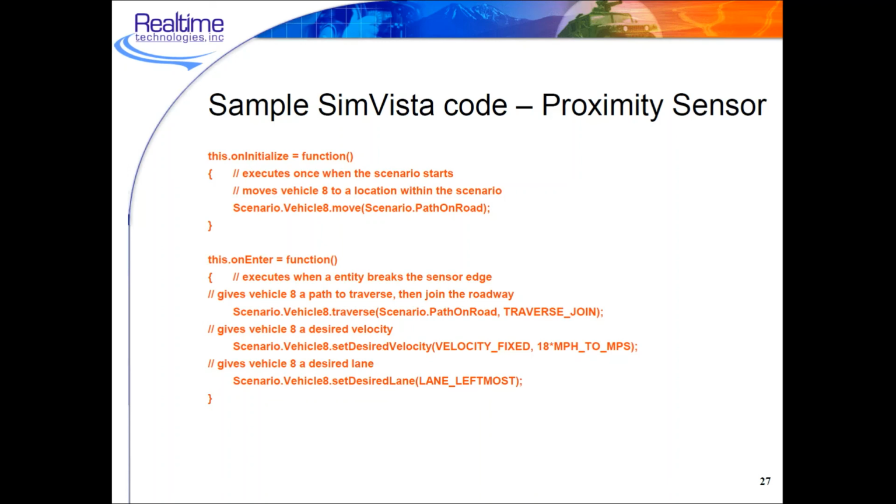And then in the onEnter, it'll tell it to join the roadway and then set a desired velocity and desired lane of that specific vehicle. So this allows you to control ambient vehicles in your scenario, but this example code here is just a proximity sensor that would get triggered when the ownership vehicle passes over it.